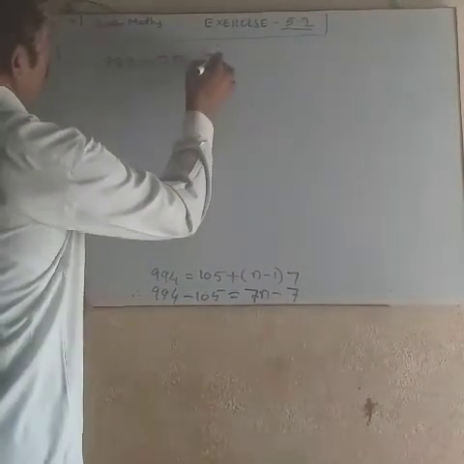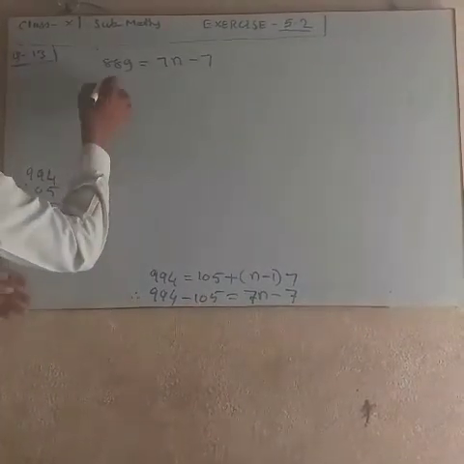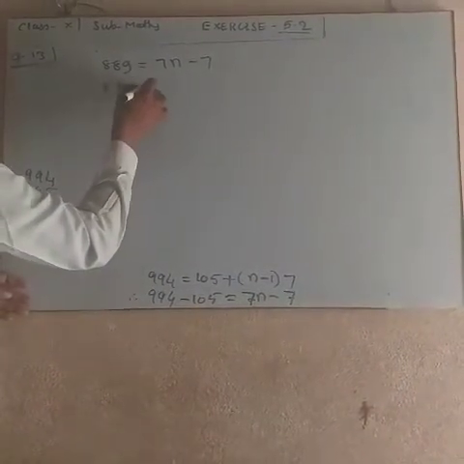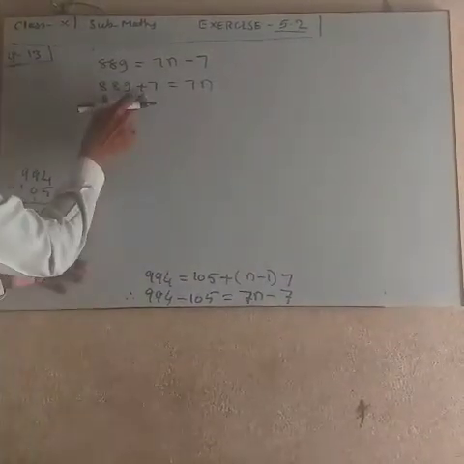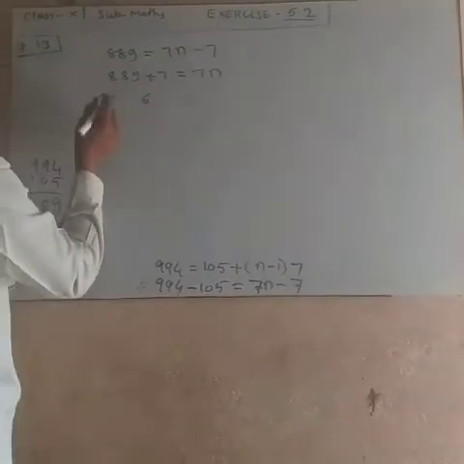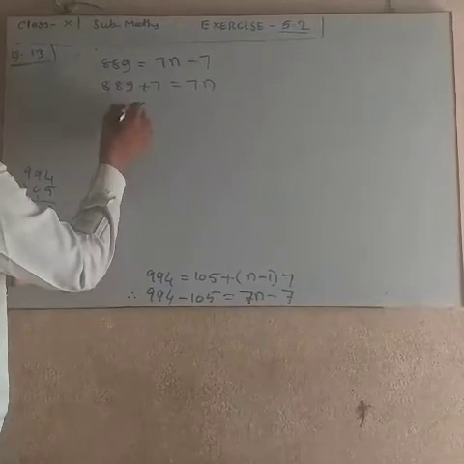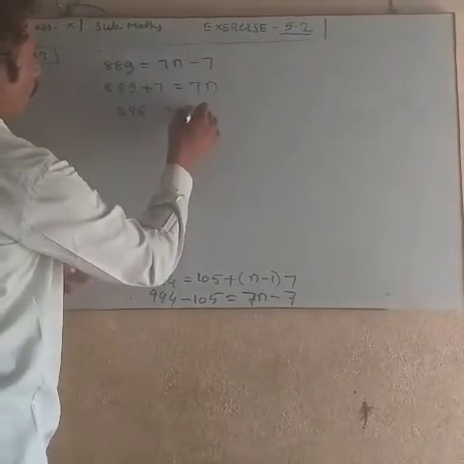Bring this minus 7 to the left side. 889 plus 7 is equal to 7n. 9 plus 7 is 16, 1 carry, 8 plus 1 is 9. This is 896, equal to 7n.